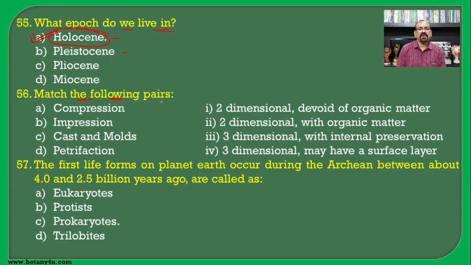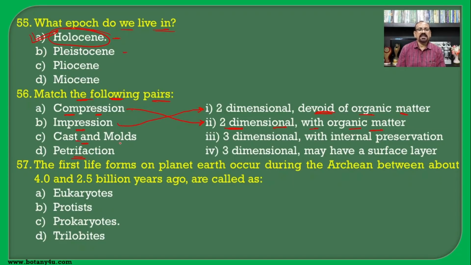Then match the following pairs. First one, that is compression, impression, cast and mold, and petrifaction. If you see the compression, it is two-dimensional with organic matter preserved, and hence it will pair with the second one. In impression, it is a two-dimensional view, but devoid of organic matter.